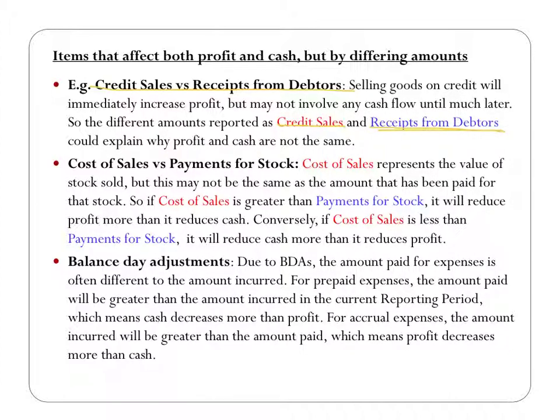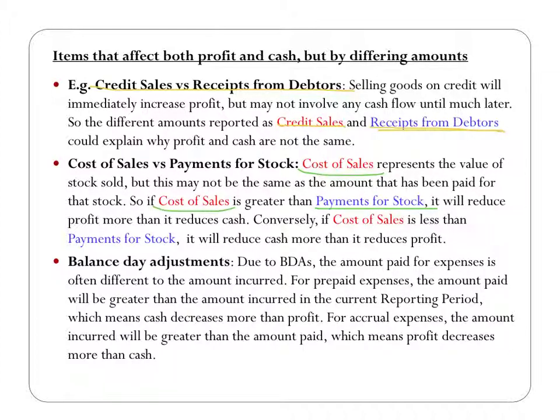Okay, next case, cost of sales versus payments for stock. Cost of sales represents the value of stock sold, and this may not be the same as the amount that has been paid for the stock. So if cost of sales is greater than payments for stock, it will reduce profit more than it reduces cash.